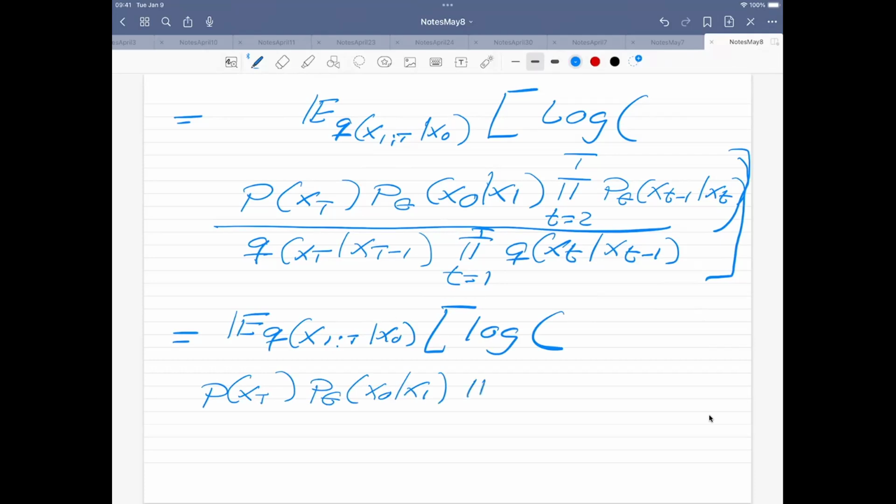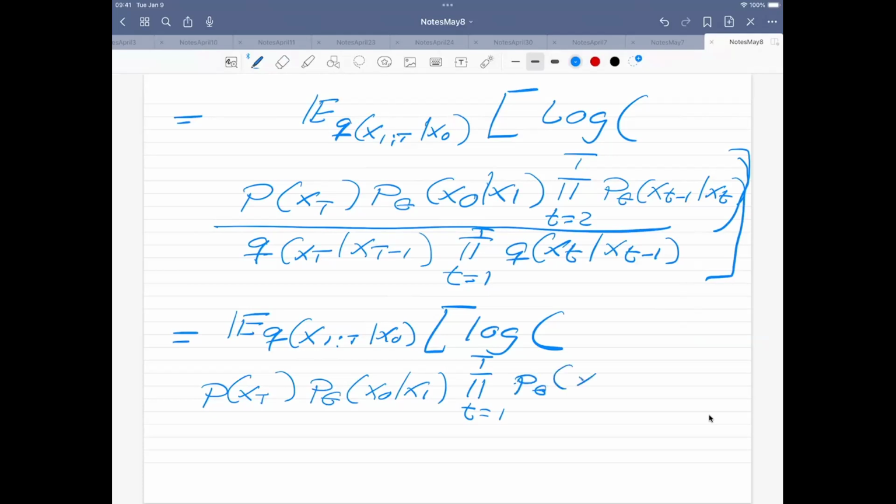And then I can rewrite the sum here by writing it as a T equal to 1 up to T here. And this should be P of, so I'm just rewriting P of theta.